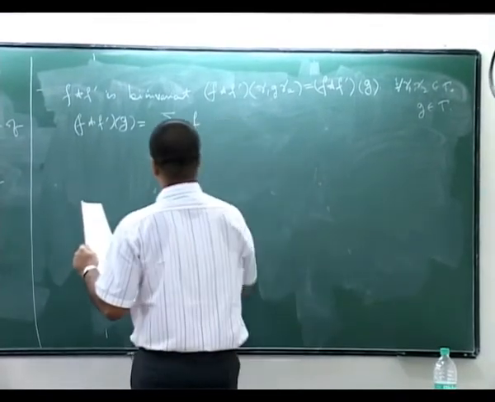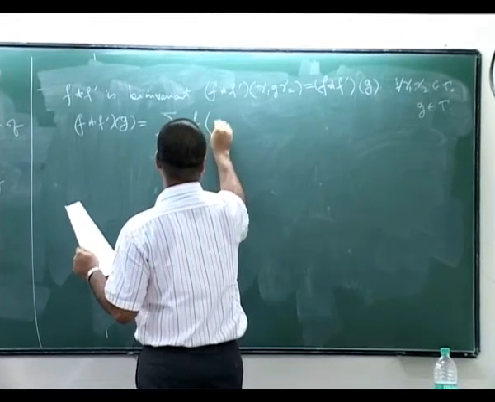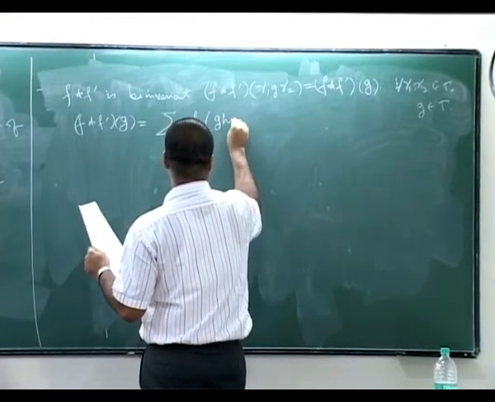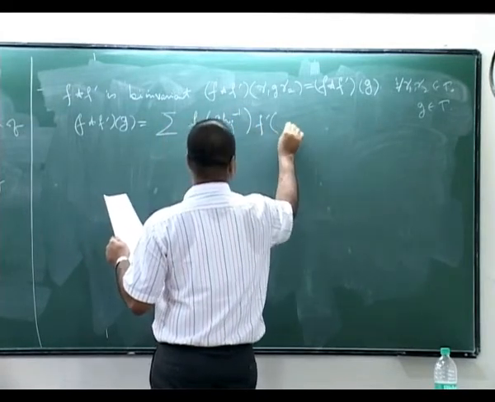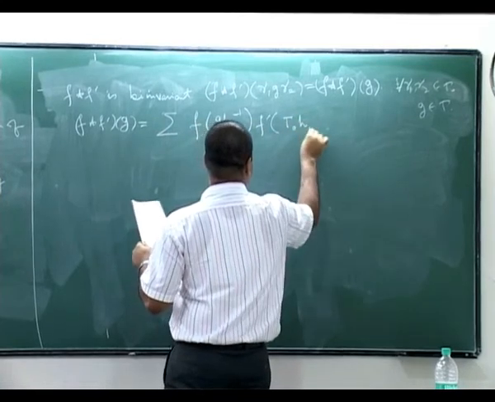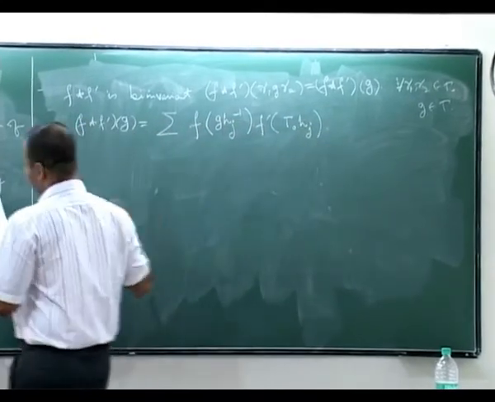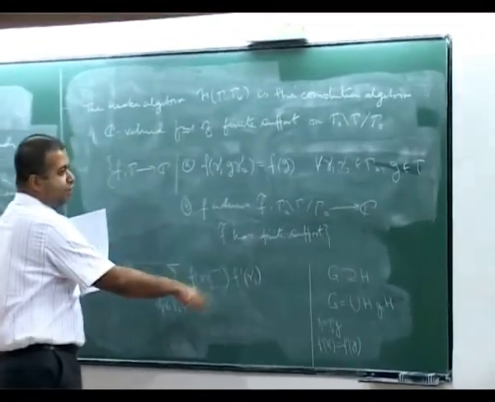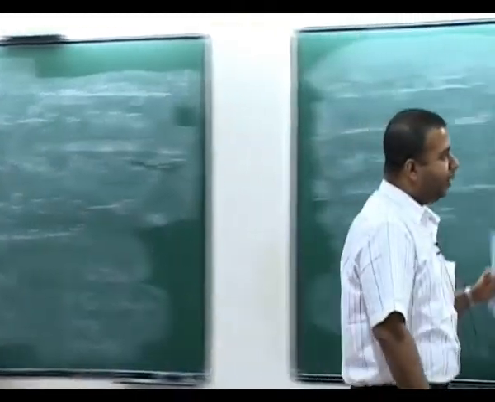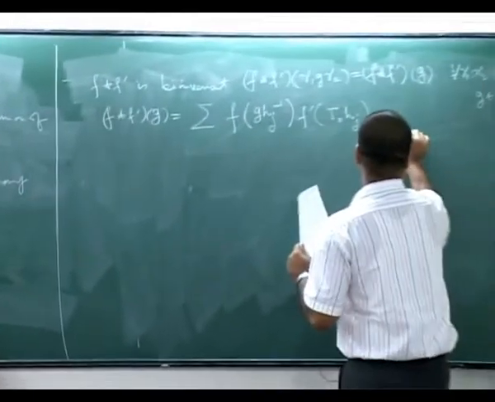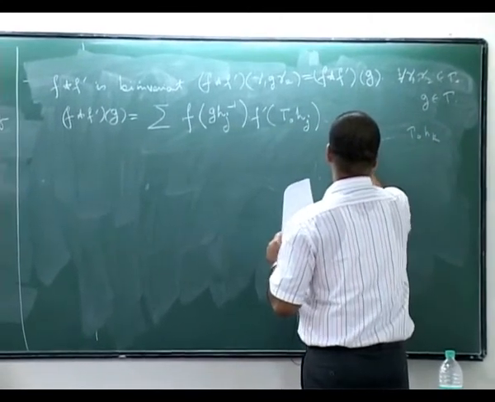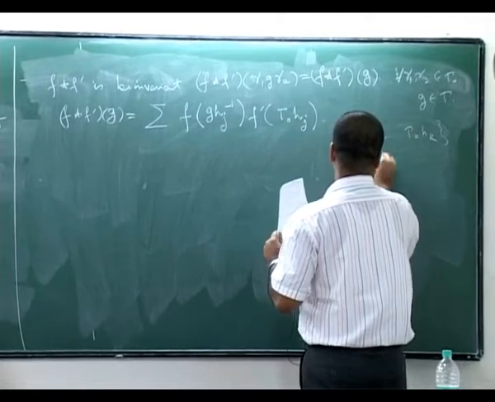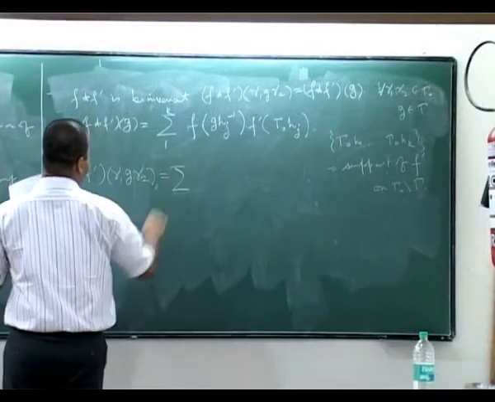So I use this notation, because all we know is that the terms appearing here form a finite set. I denote them by gamma naught h1, h2, up to hk.